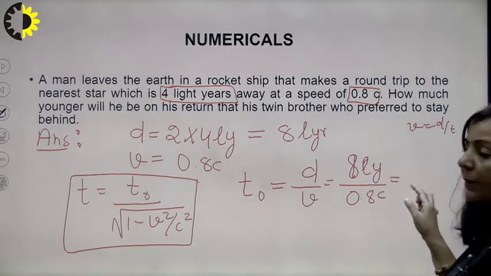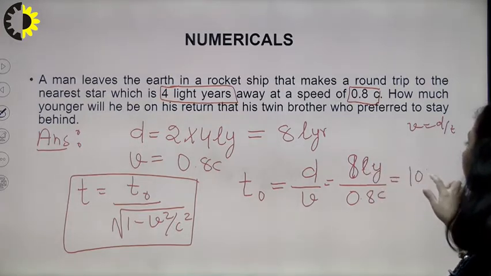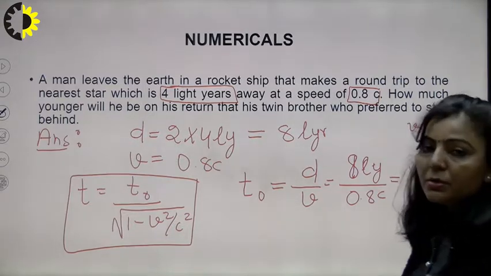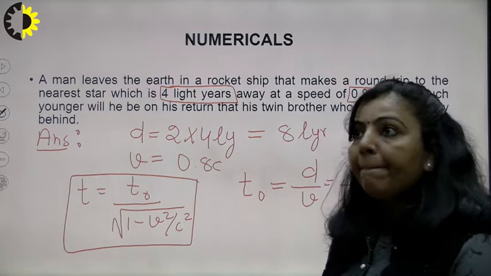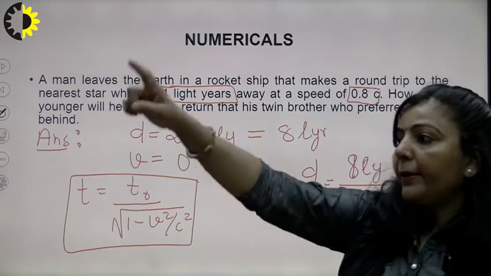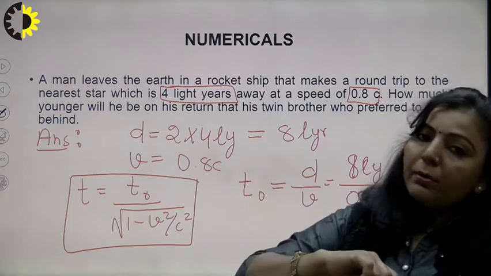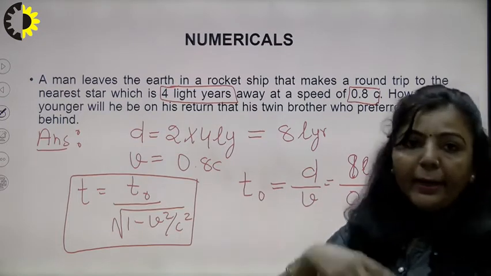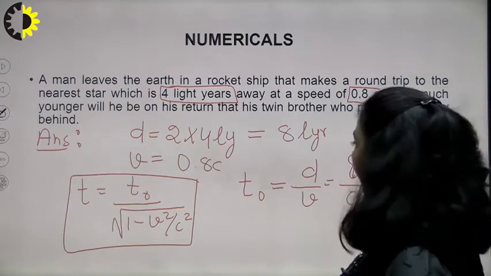So c and c will get cancelled, and you are getting this time as 10 years. Means that particular twin X who is traveling in that rocket ship is taking 10 years to travel that distance.